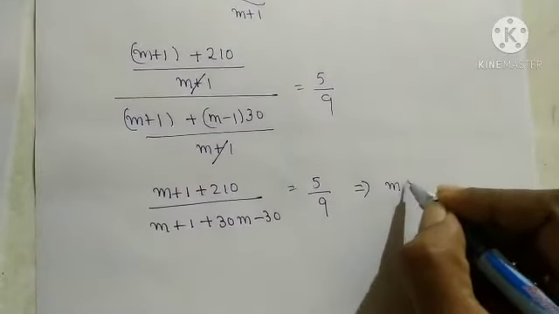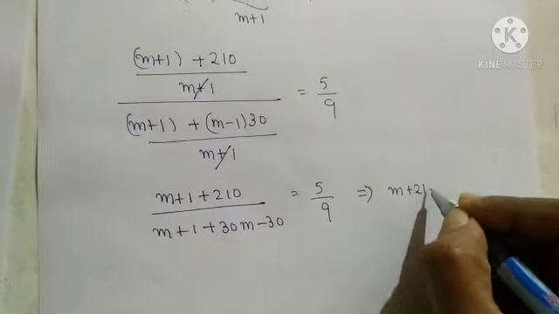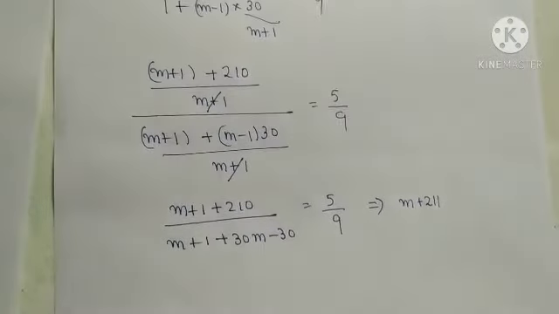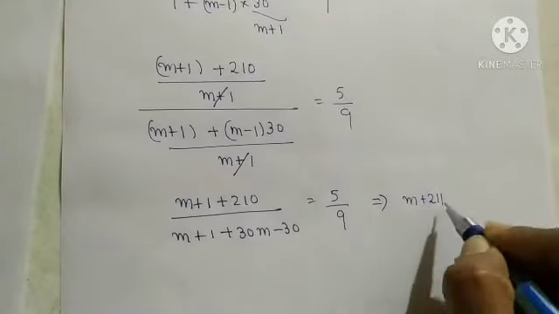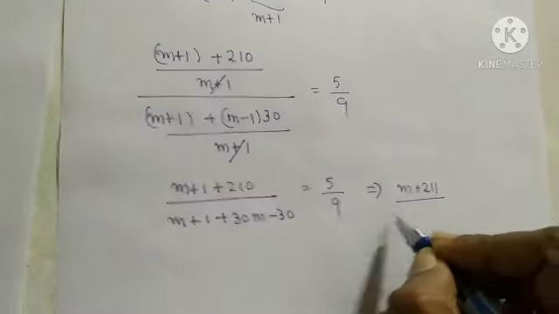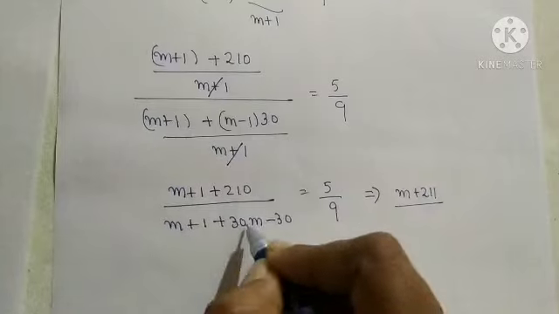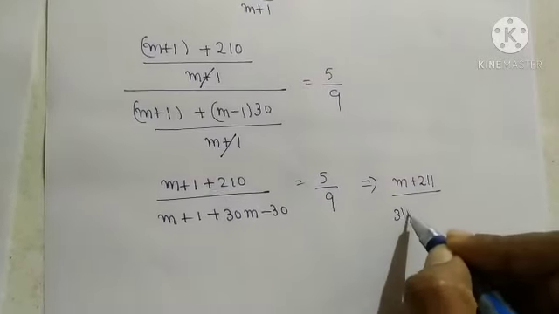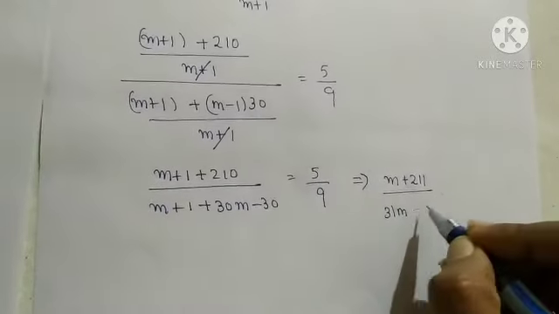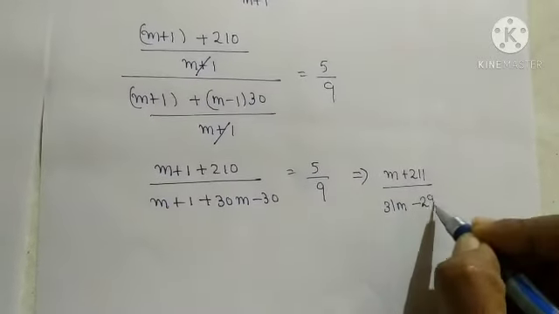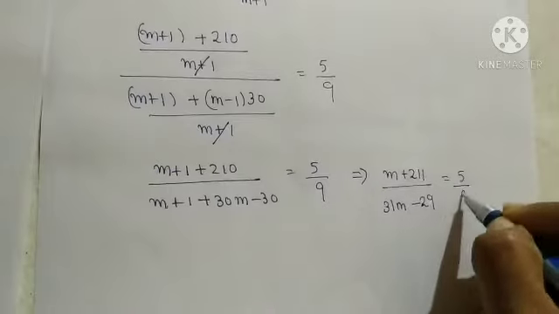This further equals m plus 211, since 210 plus 1 changes to 211, divided by m plus 30m, which becomes 31m, minus 30 plus 1, which becomes minus 29, equal to 5 by 9.